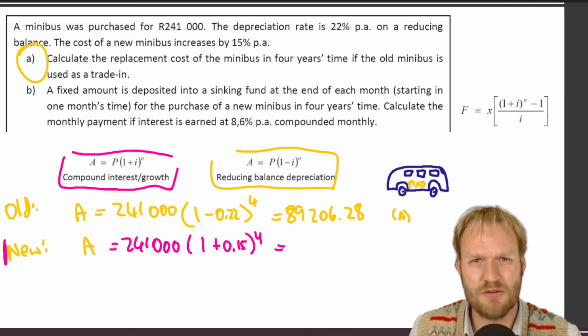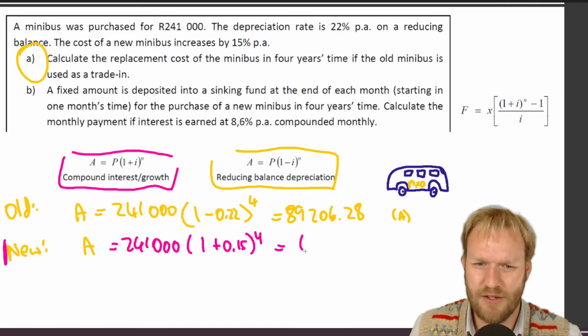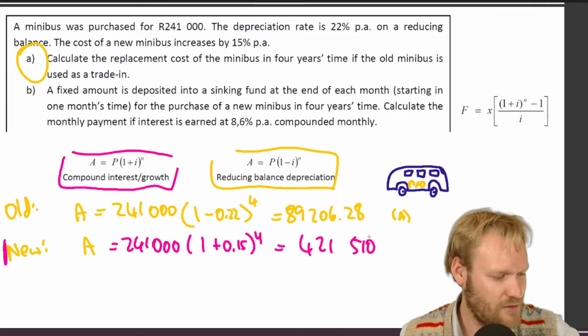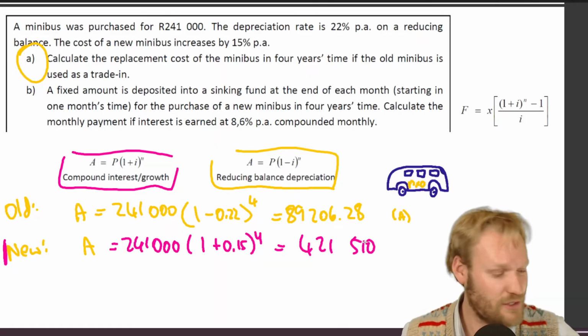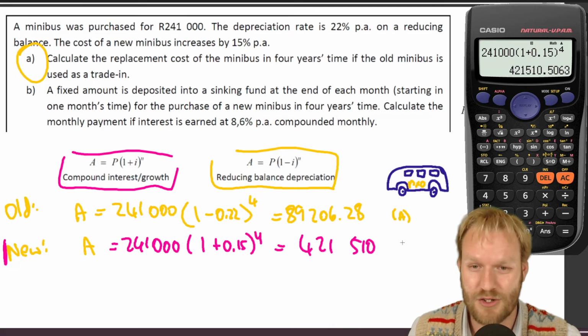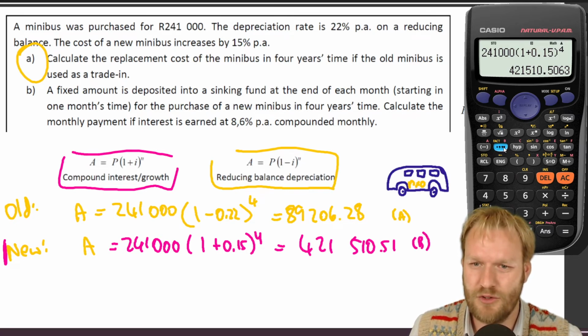And of course, you get 421,510.51. That's a little bit extreme. That's what I was punching in the calculator. So 421,510.51, and I'm going to just shift-store that in B.